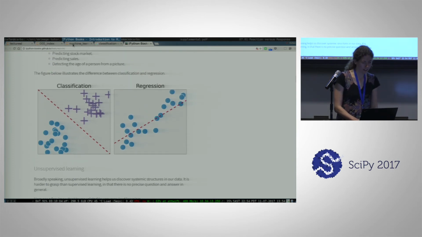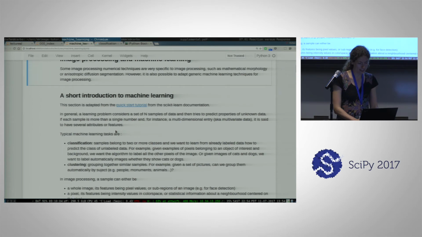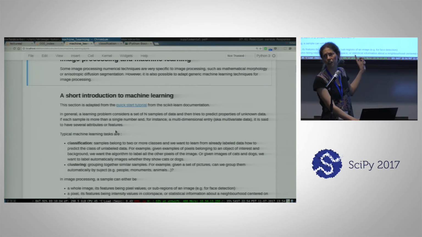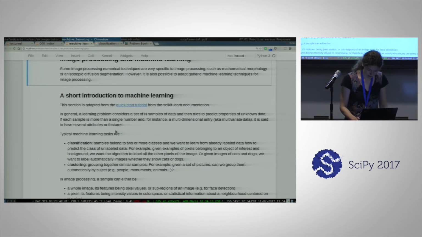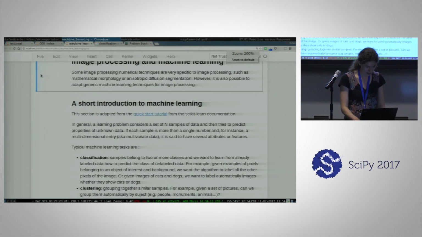So you can either read this text. Are the fonts large enough for you, or should I increase them a bit? How can I do this? Control plus. Thank you, Stefan.